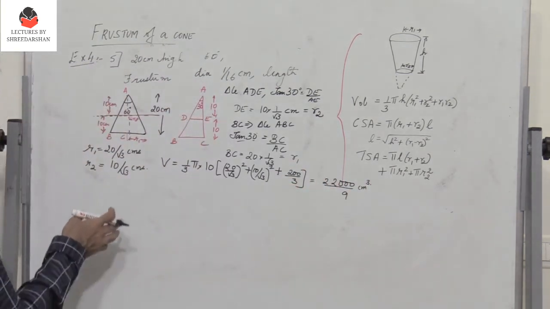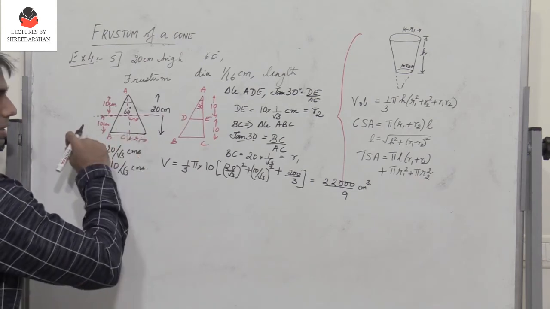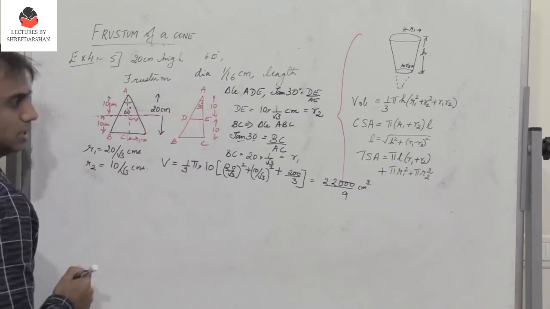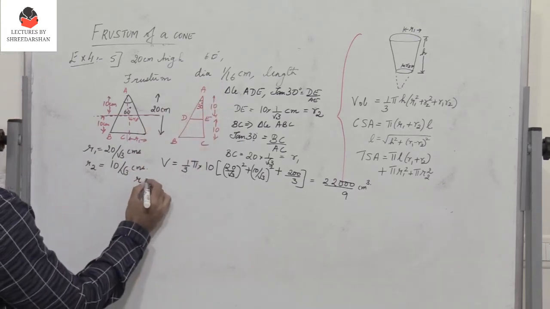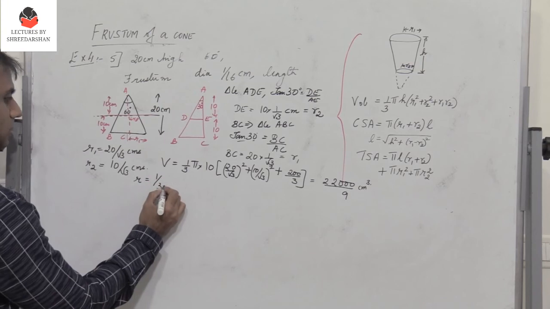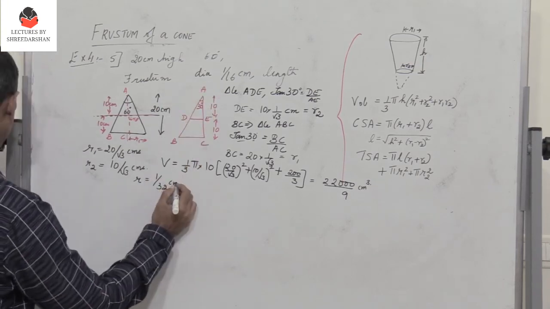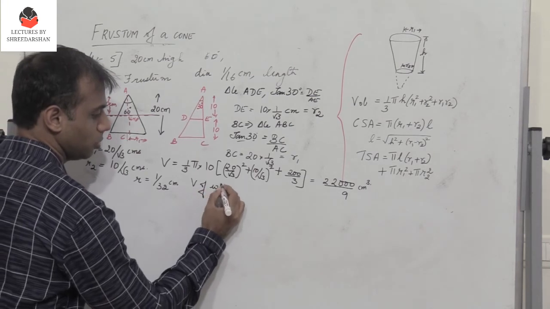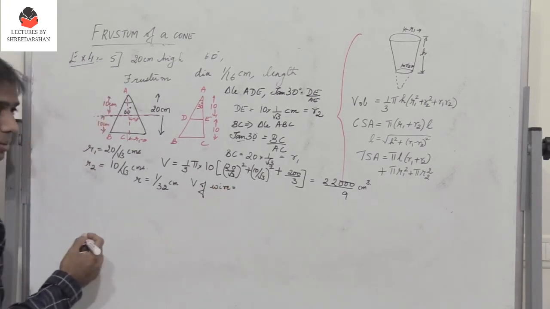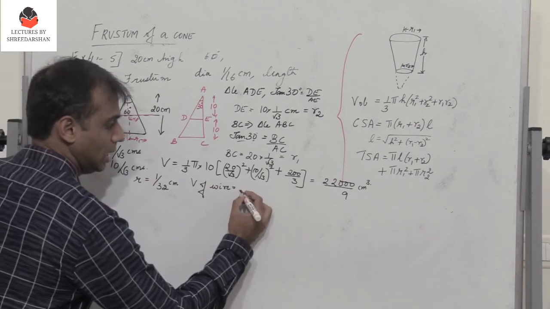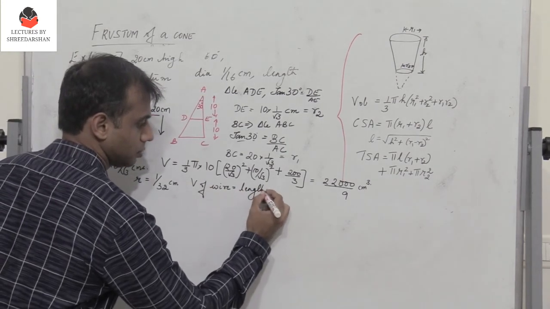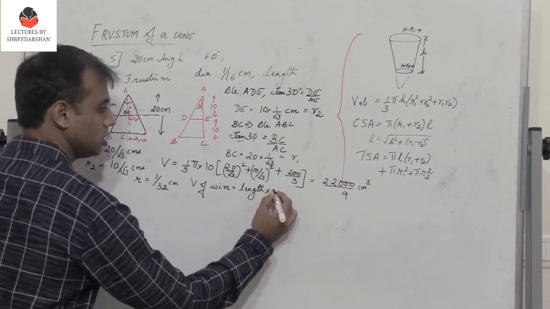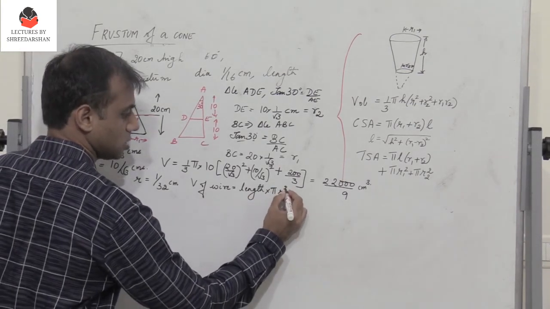Alright, so now this is the volume of the cone and this is drawn into a wire of diameter 1 by 16. So the radius is nothing but 1 by 32. Half of 1 by 16 is 1 by 32. Now what is the volume of wire? Volume of wire is nothing but the length into the area of cross section, which is pi r square.